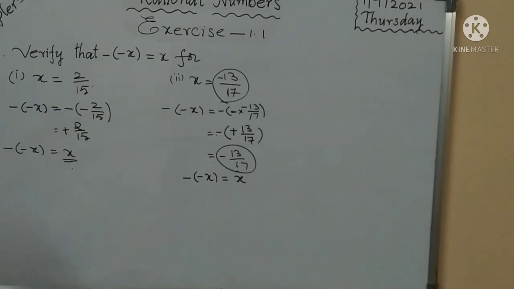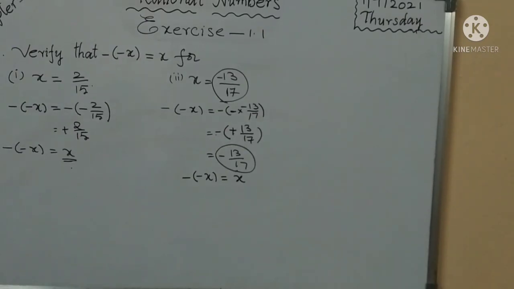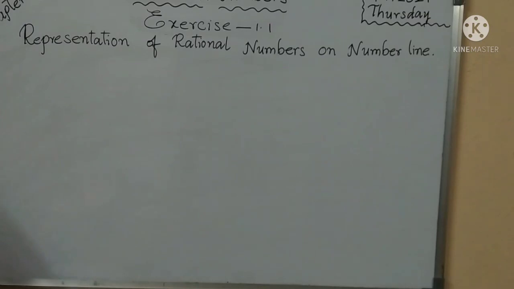Okay, right. Next, representation of rational numbers on the number line: how to draw the number line, how to mark the points, how to find the numbers. Dear students, next topic is representation of rational numbers on the number line.